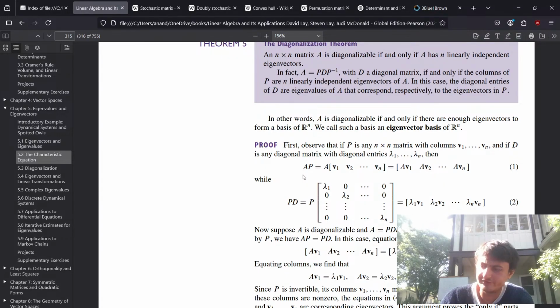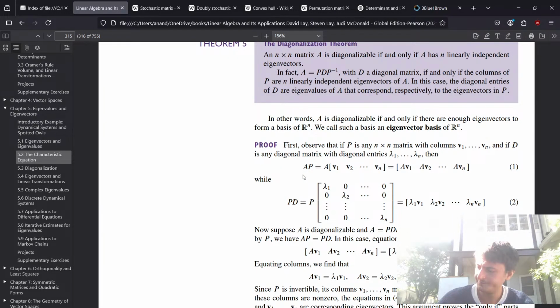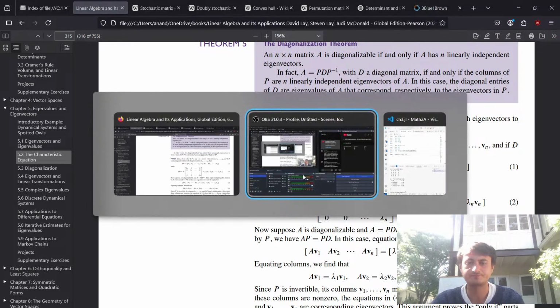I'm just going to write the proof sketch out so that I have it in my head. So just note A times P is equal to A times v1 to vn, which is equal to Av1 to Avn. All right.